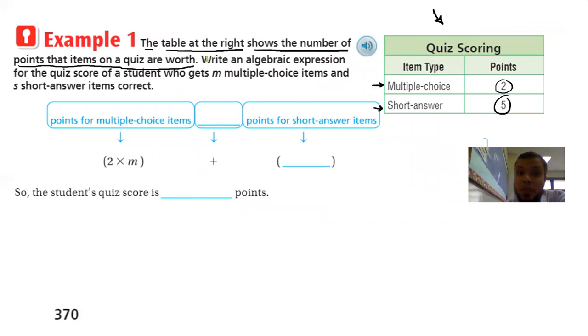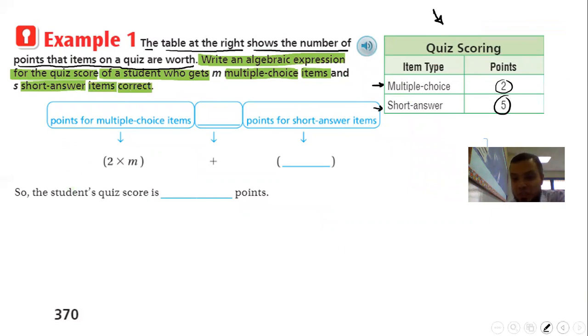The table, what is the question? The question says, write an algebraic expression for the quiz score of a student who gets M multiple choice items and S short answer items. Correct. All right.